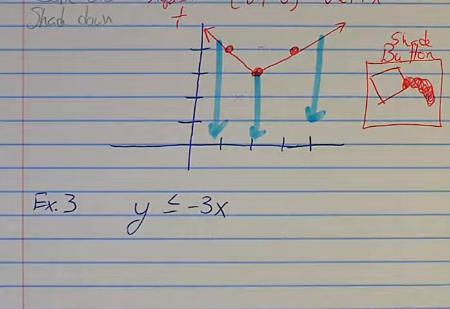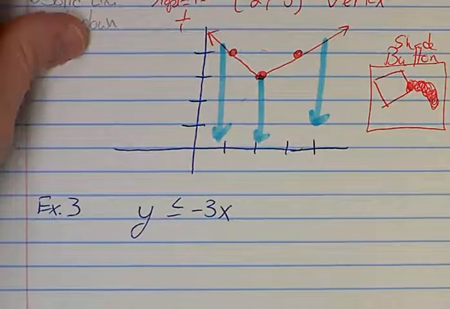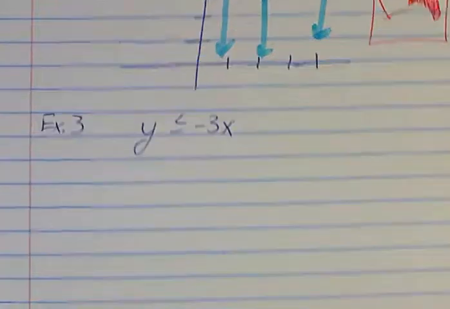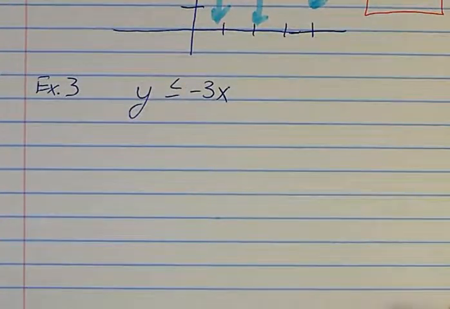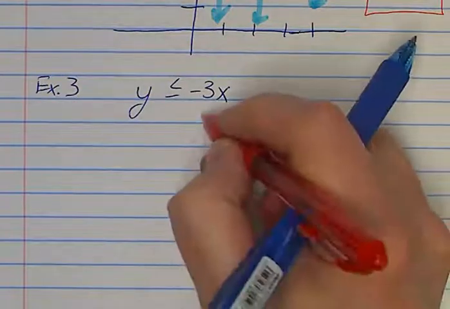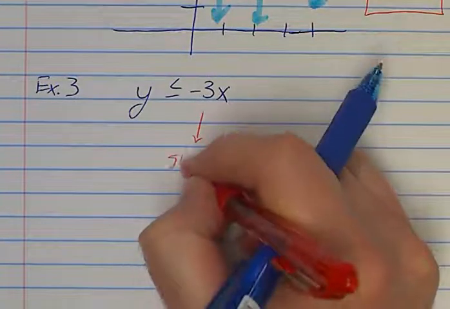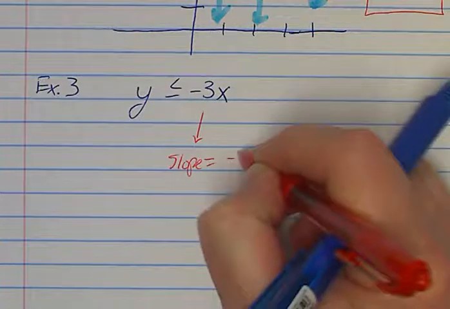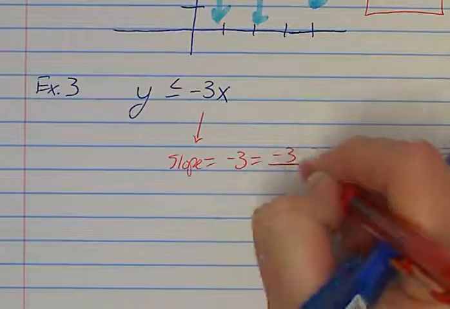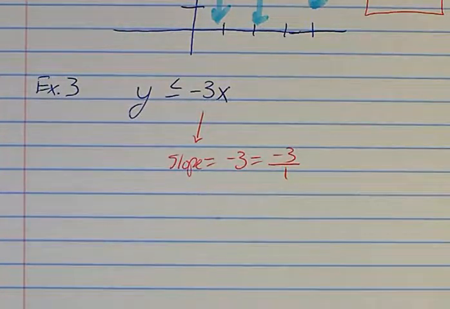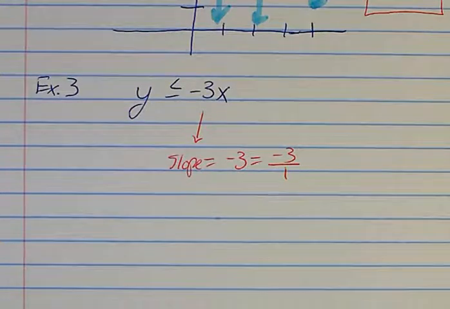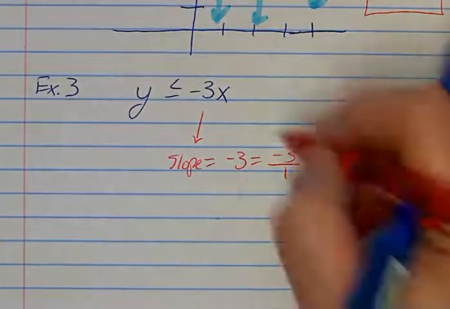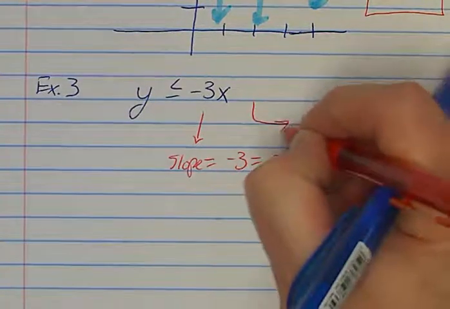Alright, so let's go with y less than or equal to negative 3x. And again, the number in front of x, if it's without the absolute value, that is the slope. So that's negative 3, which is negative 3 over 1 if you make it a fraction. And there is no b value, right?